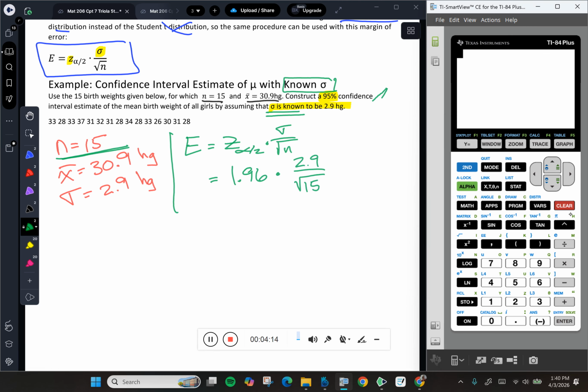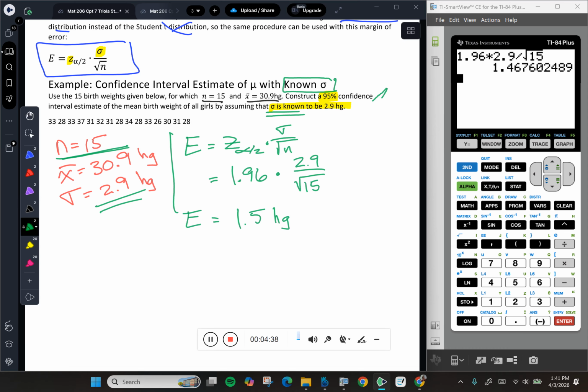So over to my calculator, 1.96 multiplied by 2.9, and then divided by the square root of 15. And I get that my margin of error would be, since all the data is to one decimal place, 1.5 will be my margin of error, and these are hectograms.